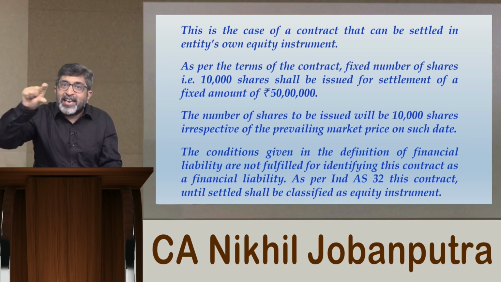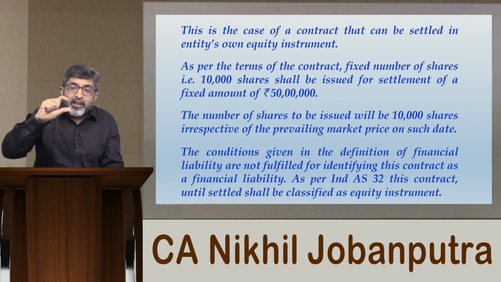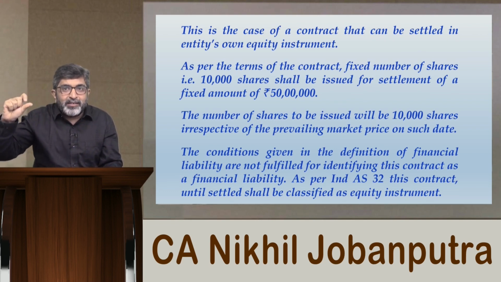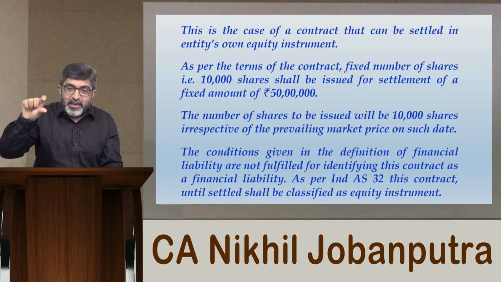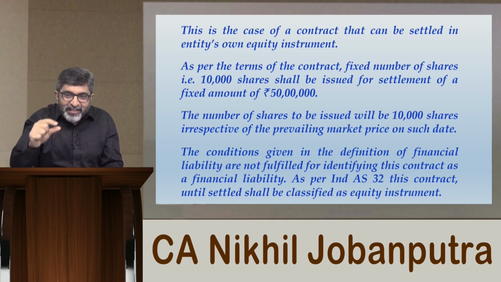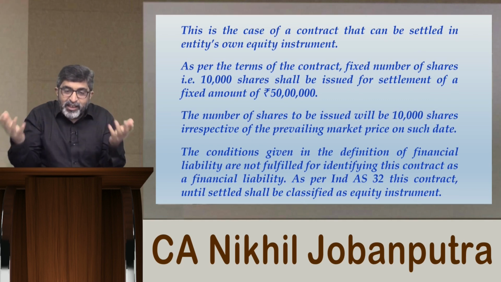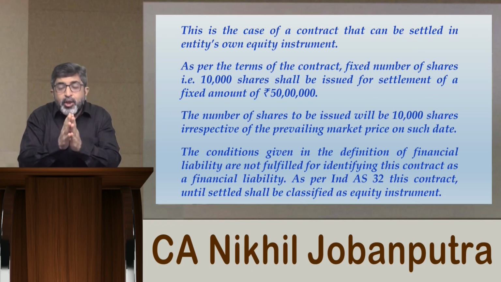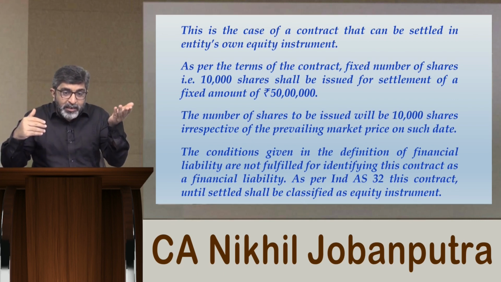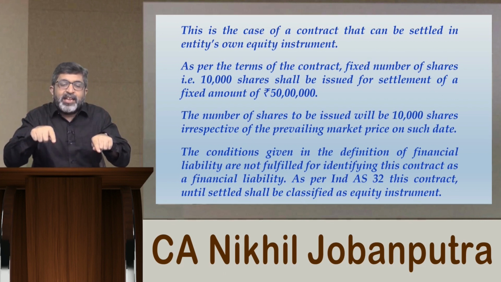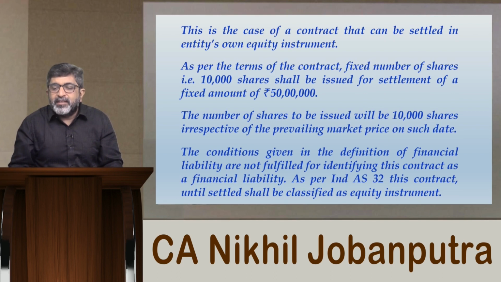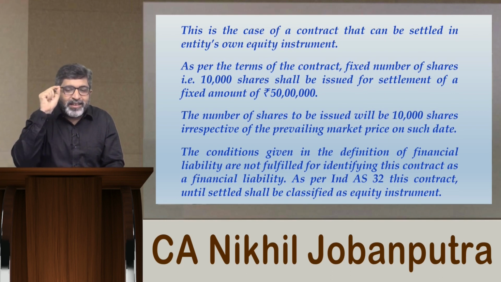One is the share capital part, one is the reserves and surplus part, and third is other equity. So when you are classifying, it will obviously come under other equity, because it is neither part of any reserves and surplus, nor is it part of the share capital until issued. So it is still having the nature of equity. It will come in the category of other equity.